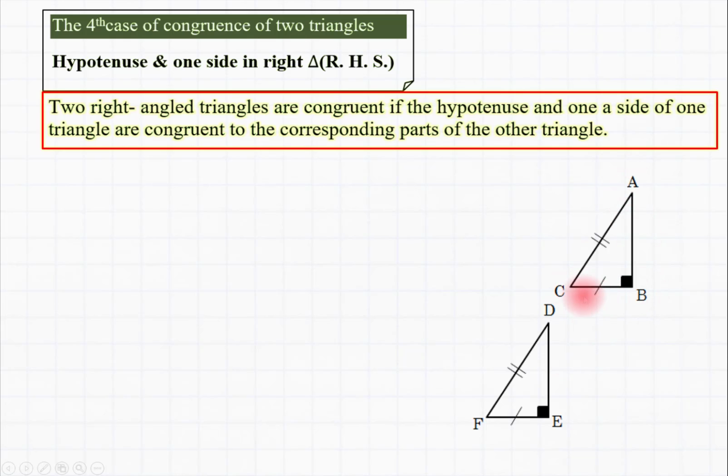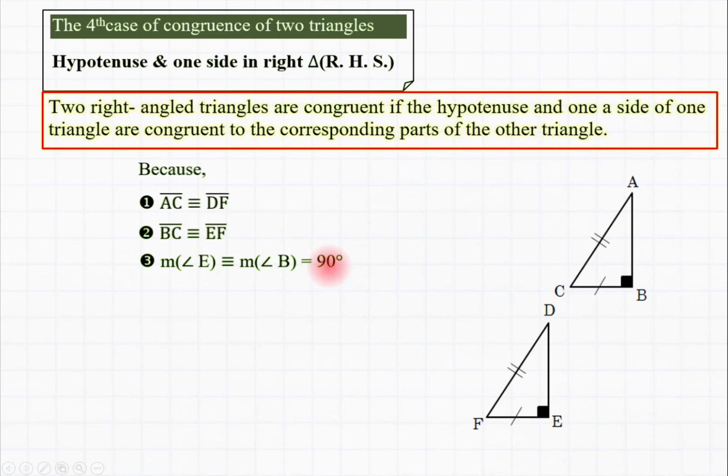Triangle ABC is right-angled at B, and triangle DEF is right-angled at E. The side opposite to the right angle, AC, is called the hypotenuse, and the side opposite to angle E, DF, is also called the hypotenuse. Because AC and DF are congruent hypotenuses, and side BC is congruent to EF, and the measure of angle B equals the measure of angle E, which is 90 degrees.